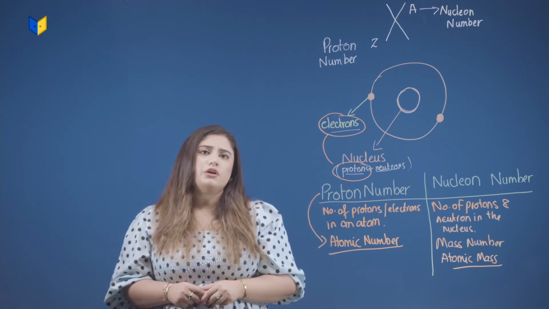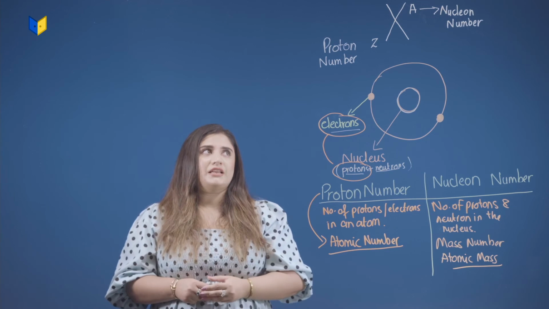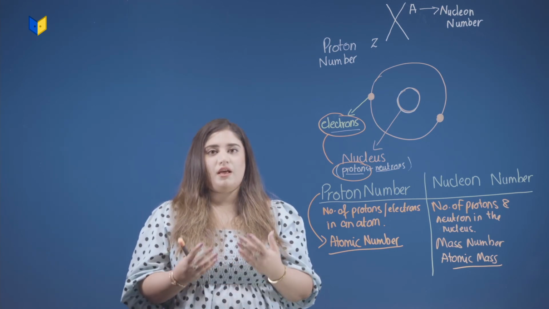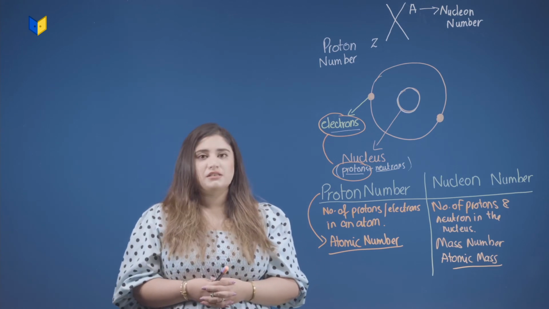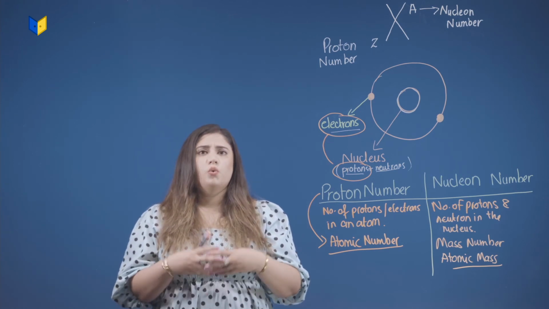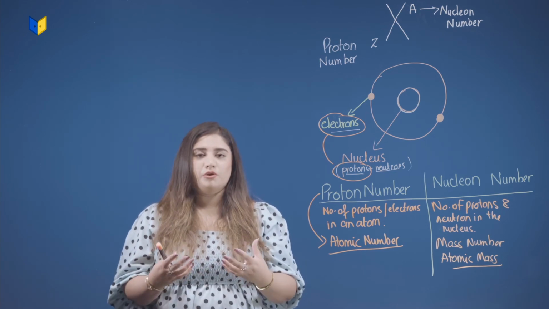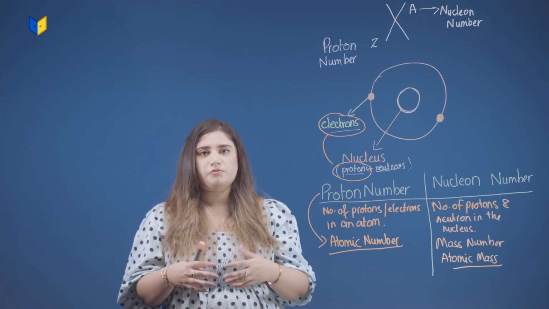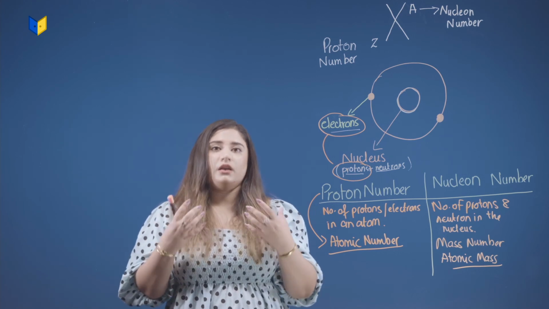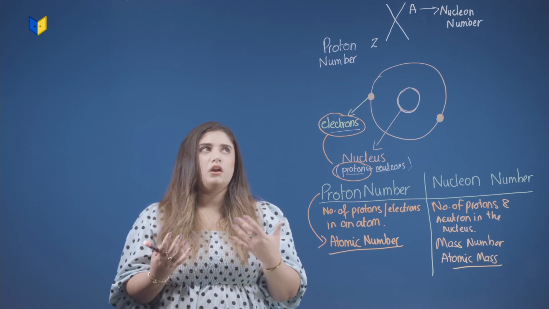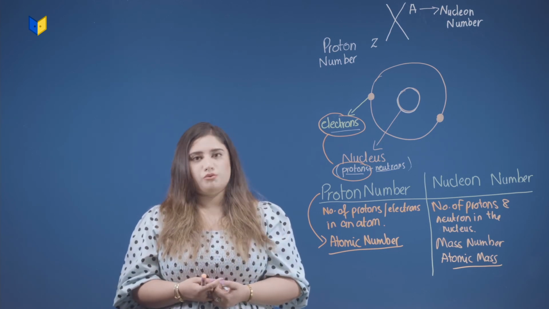What is a nucleon number? Nucleon number tells you how many protons and neutrons there are in an element. And Z shows the proton number. What is a proton number? Proton number tells you how many electrons or protons, which are equal, there are in an atom. So basically, this is how we represent any element along with its nucleon number and proton number.